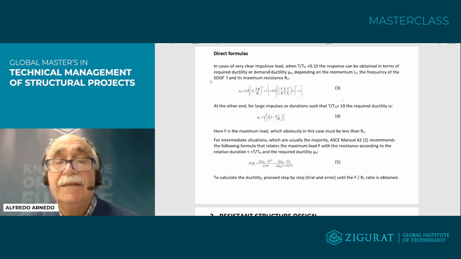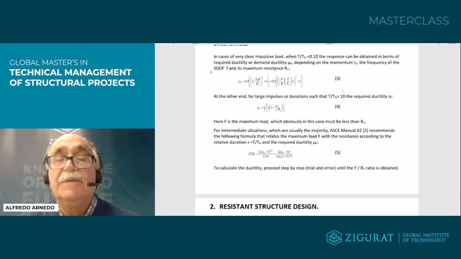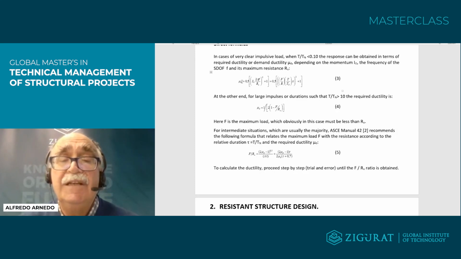One is when the impulse is very little, and so we have this direct formula that takes into account, similar to the graphics, the duration and the period, the force that acted divided by the resistance, and we can obtain a number of the ductility. This ductility problem will be if the design and the detailing and the structure can actually have this ductility or not.